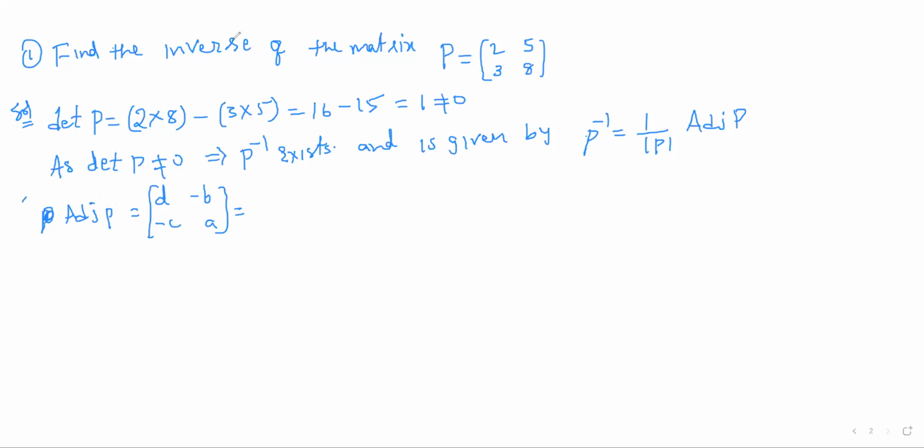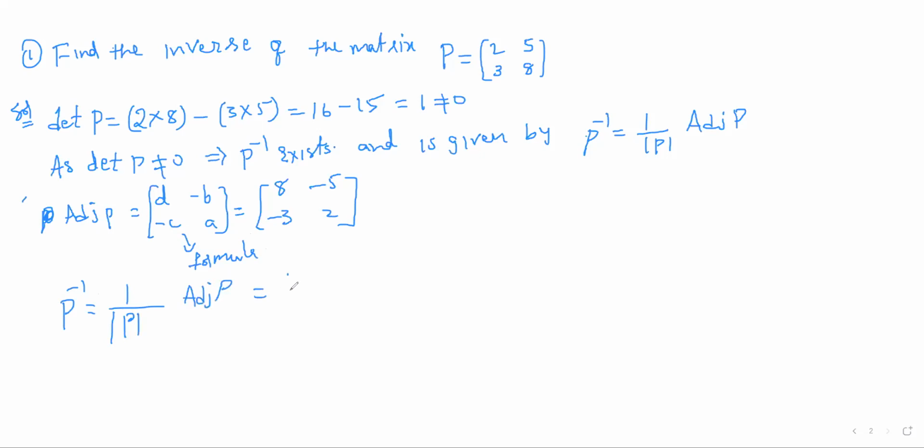So here 8, minus B, that is minus 5, minus C means minus 3, A means 2 only. This is the adjoint of the matrix. This is the formula for adjoint of a matrix. Okay, now P inverse is equal to 1 by det P into adjoint P.